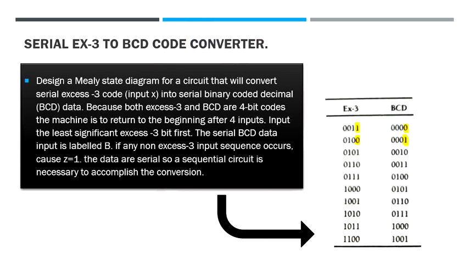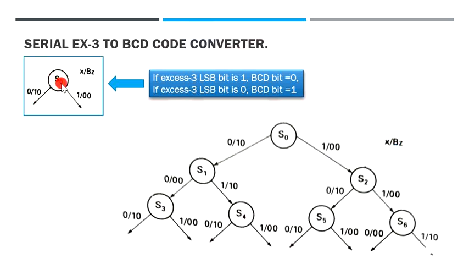Whereas when you go to the second bit, you can see that you have a transition from 1 to 0, from 0 to 0, from 0 to 1, and from 1 to 1. So from S0, that was the LSB, you have moved to S1 and S2.